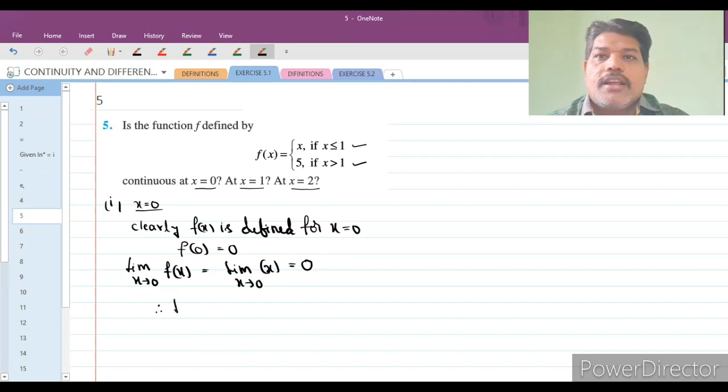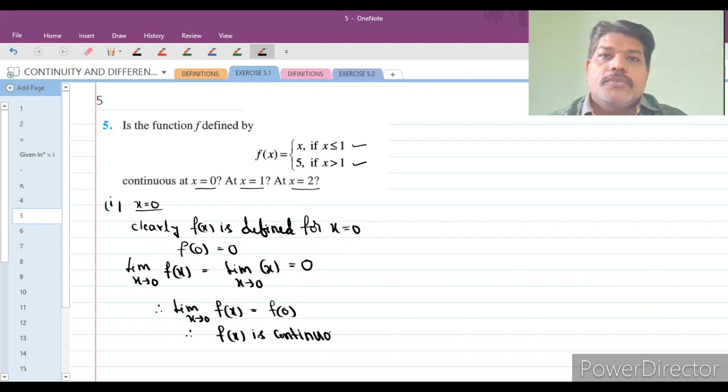Therefore limit as x tends to 0, f of x is equal to f of 0. So therefore f of x is continuous at x is equal to 0.